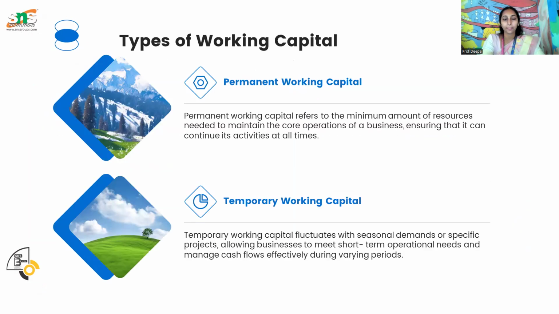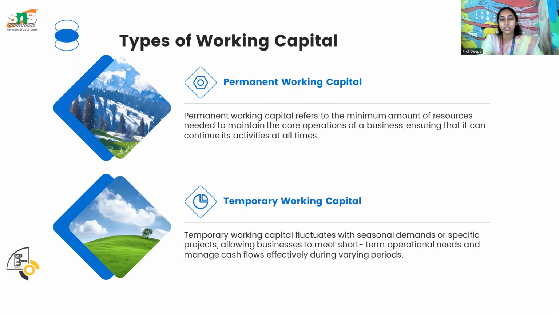So, types of working capital, two major types. One is permanent, another one is temporary working capital. Permanent working capital refers to the minimum amount of resources needed to maintain the core operations of a business. At least we should have some reasonable amount with us to run the business, to do the production operations in the business.